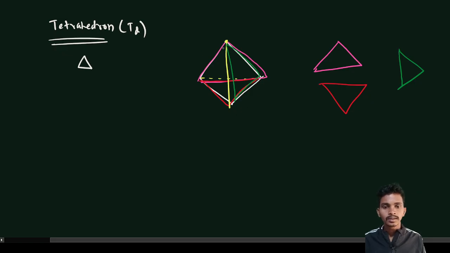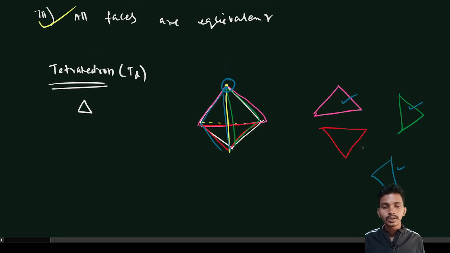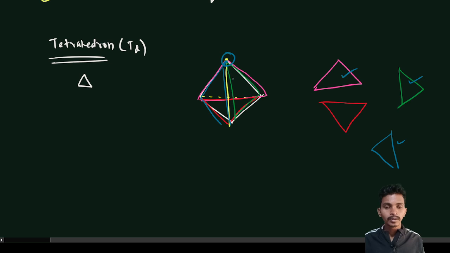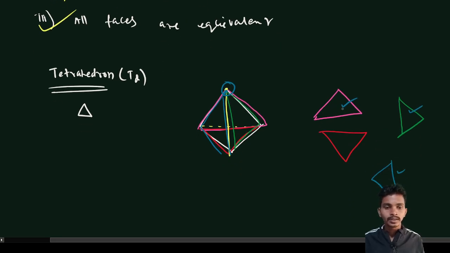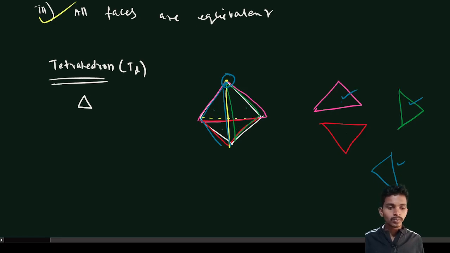All four triangles share common vertices. Here there are four faces: 1, 2, 3, 4.